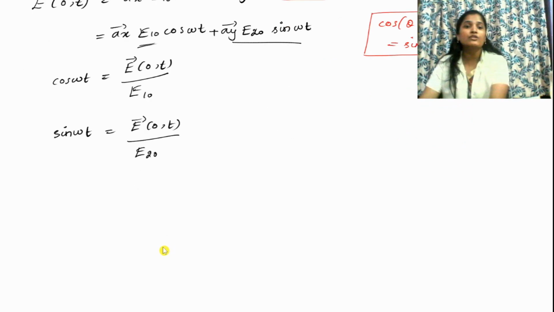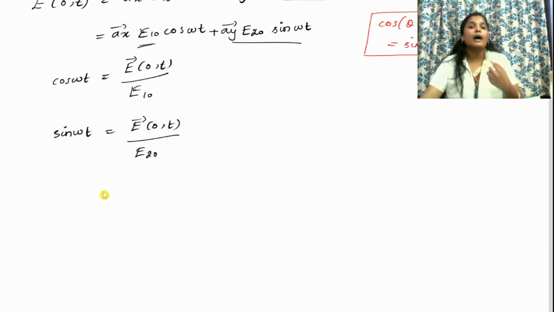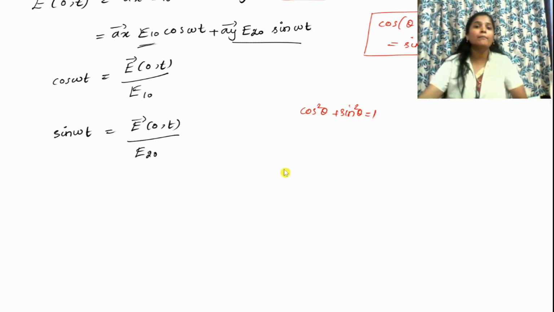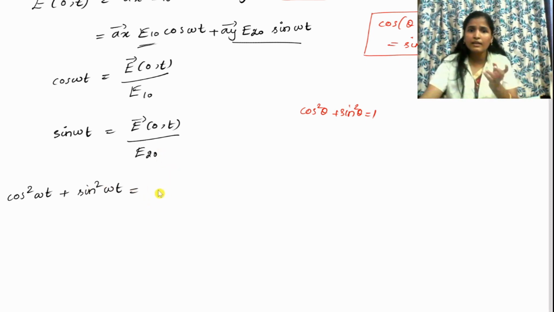If we apply another trigonometric relationship, cos square theta plus sin square theta is equal to 1, to these two equations, we get cos square omega t plus sin square omega t, which is 1.